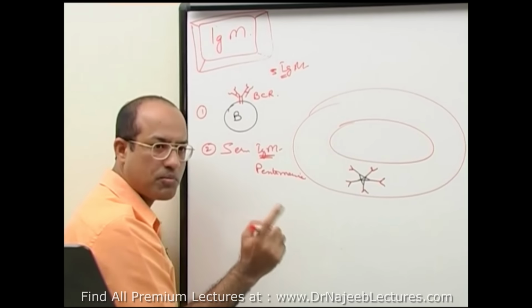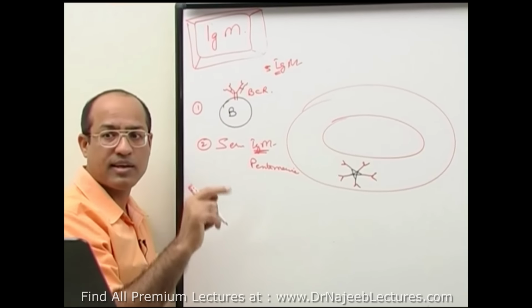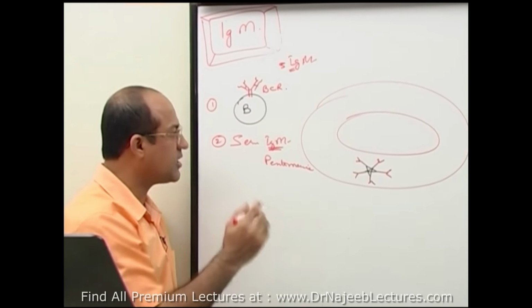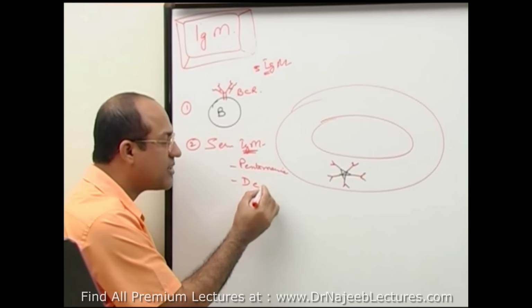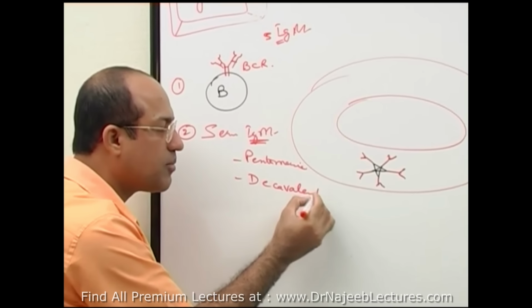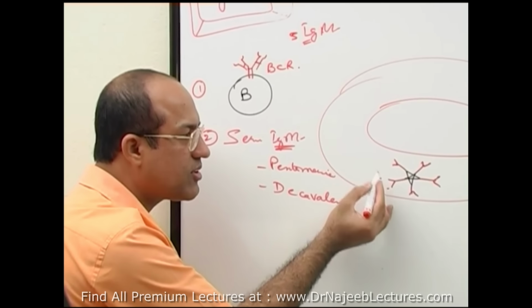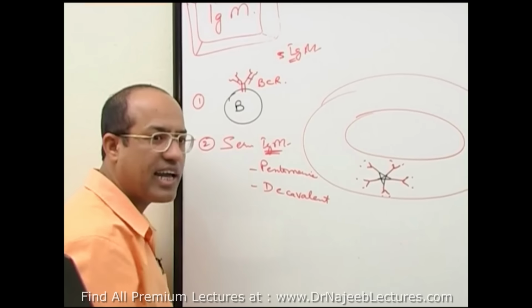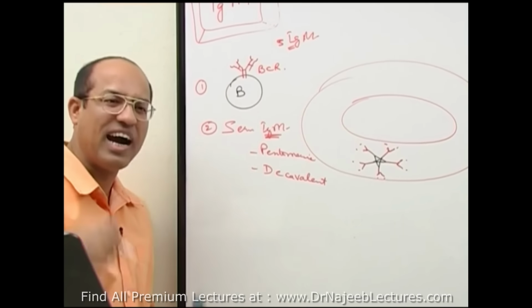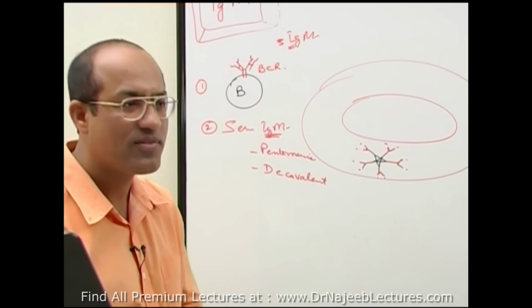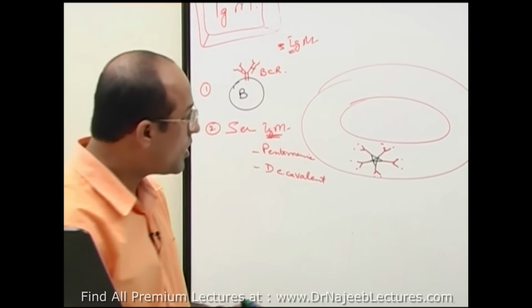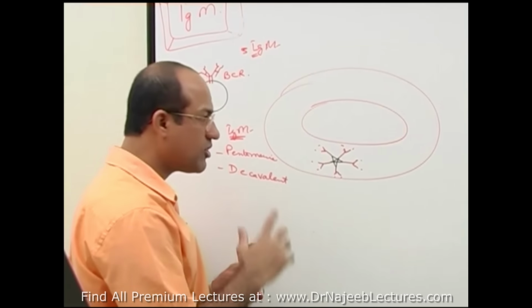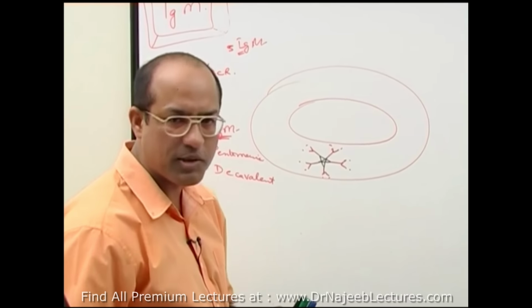There are 5 monomers of IgM held together by J chain, and this is decavalent, because it can bind with how many antigens? 10. So does it have less avidity or very high avidity? It has very high avidity, because it is decavalent and can react with multiple antigens.